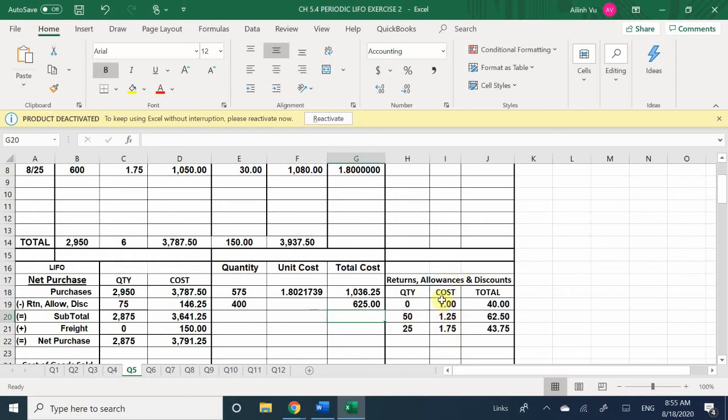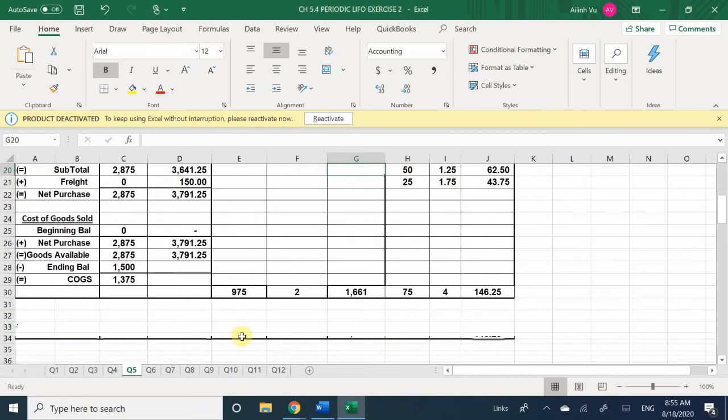So that's why I kept these numbers here to indicate. Maybe next time I could do a little table here to see which batch it affects. But no, it has not been affected by any of the returns and allowances.